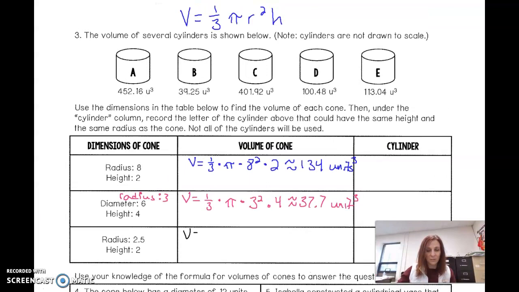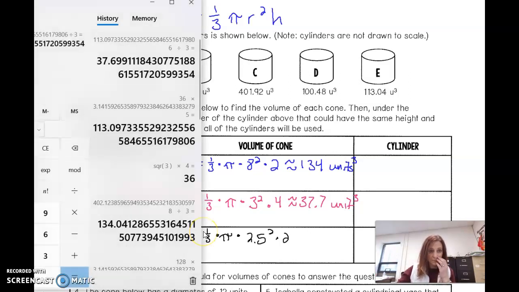Okay, so volume equals 1/3 times pi times our radius squared. Our radius is 2.5 times our height, which is 2. Grab the calculator. You can say pi times 2.5 squared times, not what I meant to do.